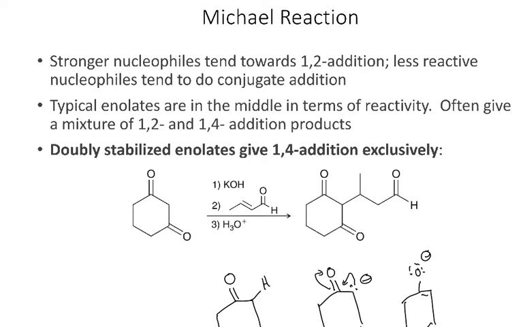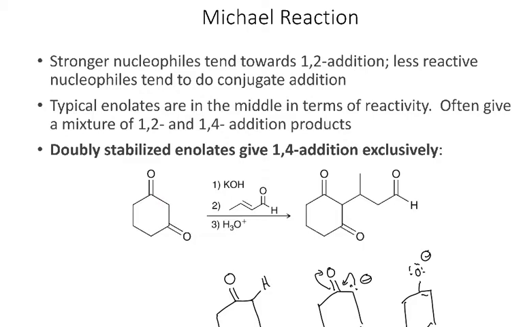So regular or singly stabilized enolates are sort of in the middle in terms of reactivity. They're not strong enough nucleophiles to get exclusively 1,2 addition. They're not weak enough nucleophiles to give us 1,4 addition. However, if I have a doubly stabilized enolate, and I imagine deprotonating this hydrogen, I could spread that negative charge onto both of these oxygens. Remember, more stable means less reactive.